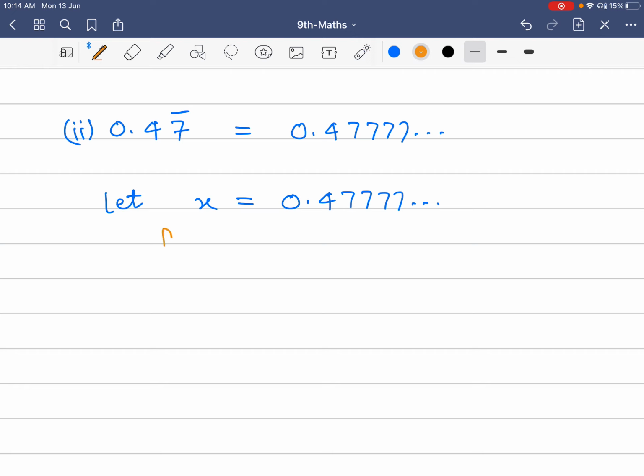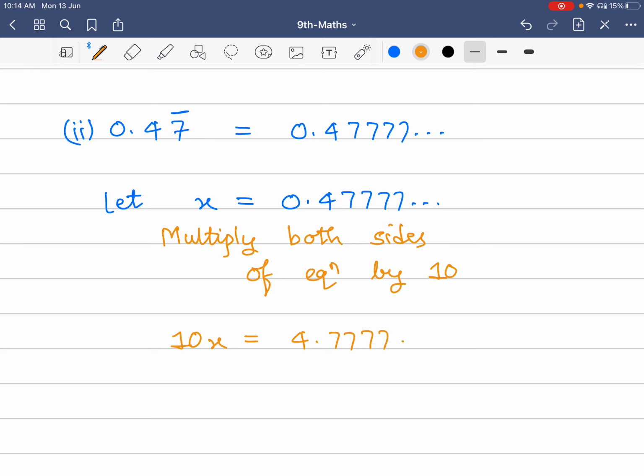If there are 2 digits, multiply by 100. If there are 3 digits under the bar, multiply by 1000. So multiply both the sides of the equation by 10, and we get 10x as equal to 4.7777 dot dot dot. Now again we split this number in the form of a plus b.